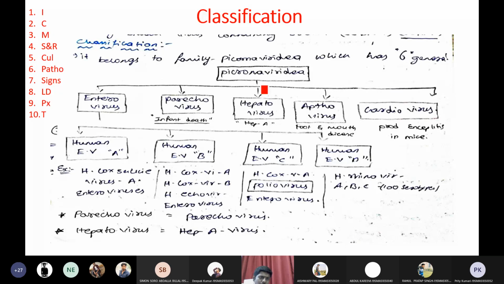Poliovirus belongs to the family Picornaviridae, to the genus enterovirus, to the subclass of enterovirus C, whereas rhinovirus belongs to enterovirus D. So this is the classification of poliovirus. Is it clear for everyone, students?